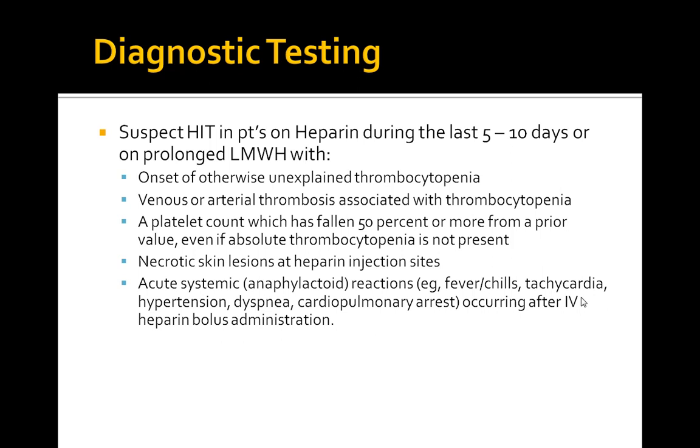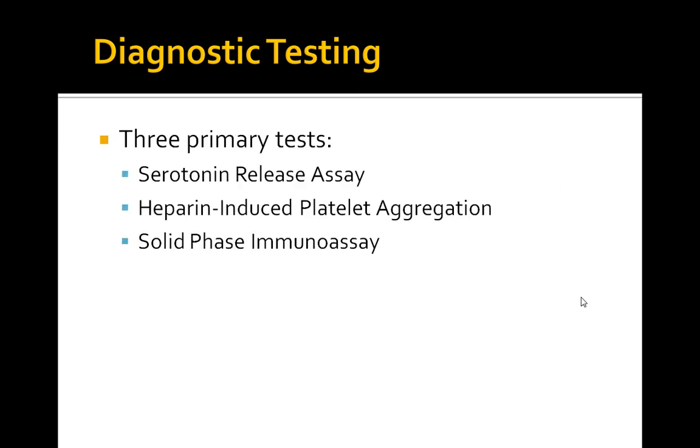If there's an unexplained onset of thrombocytopenia, also venous or arterial thrombosis resulting from that thrombocytopenia, and a platelet count which has dropped 50% or more from a prior value, even if absolute thrombocytopenia is not present, along with necrotic skin changes at the heparin injection sites and acute systemic anaphylactoid reactions like fevers, chills, tachycardia, hypertension, dyspnea. All these are factors that you want to keep in mind when suspecting HIT.